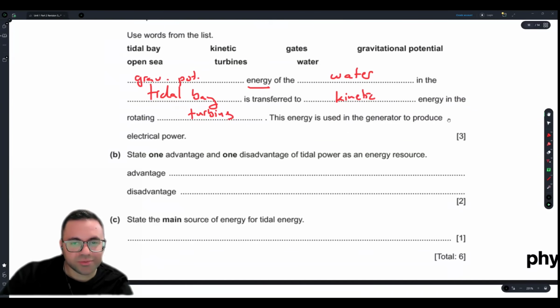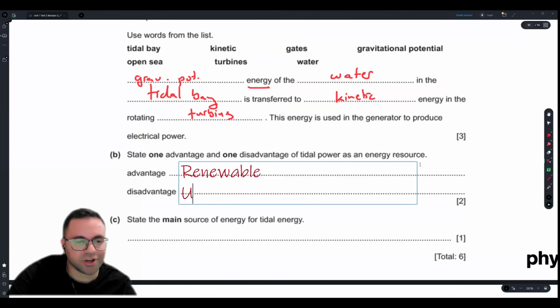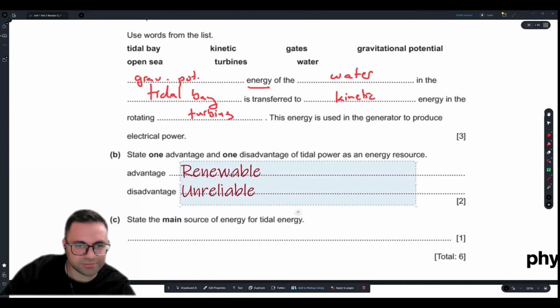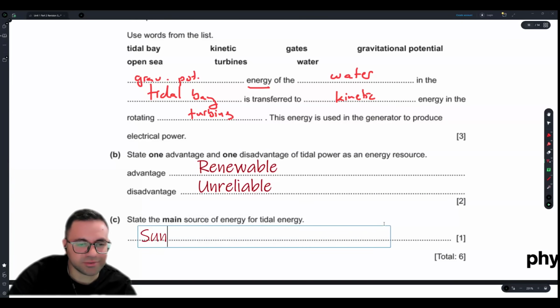State one advantage and one disadvantage of tidal power as a resource. Ooh, advantage. Renewable. Disadvantage. Unreliable. Or does not generate electricity 24/7. State the main source of energy for tidal. The sun.